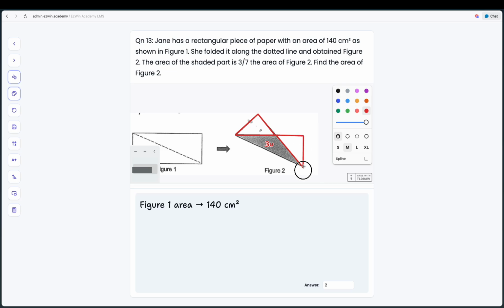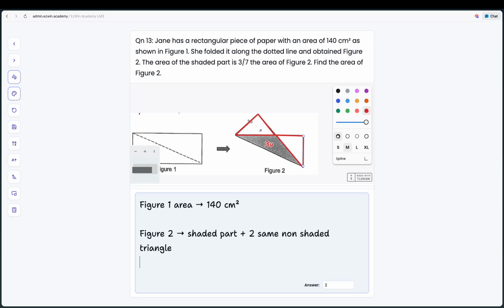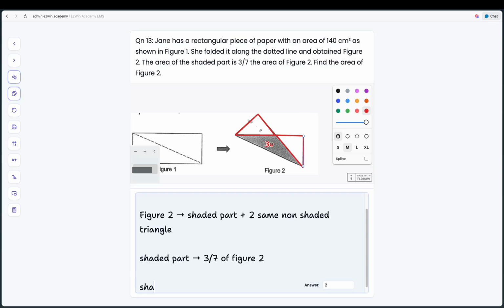So figure 2 is basically the shaded part plus 2 same non-shaded triangles. Since the shaded part is 3/7 of figure 2, let's convert 3/7 to units.